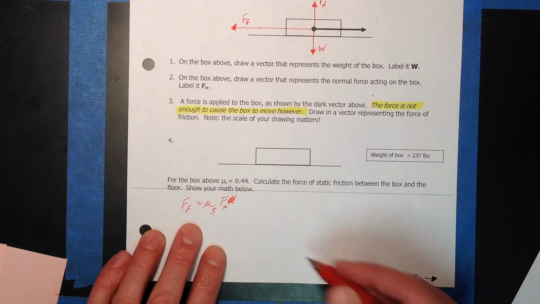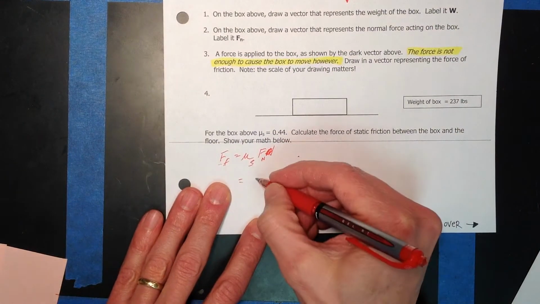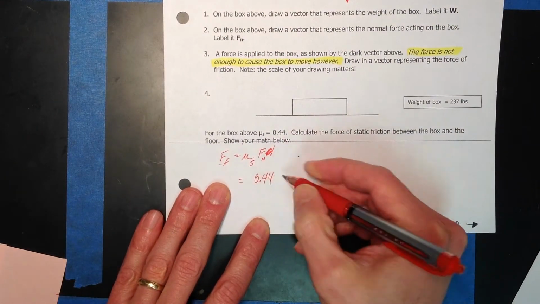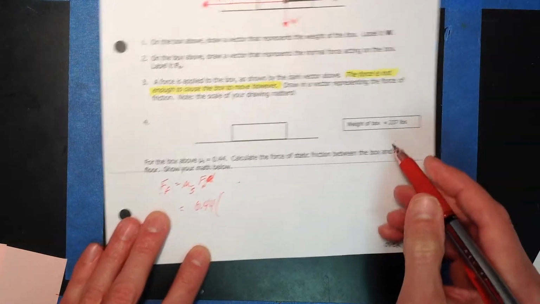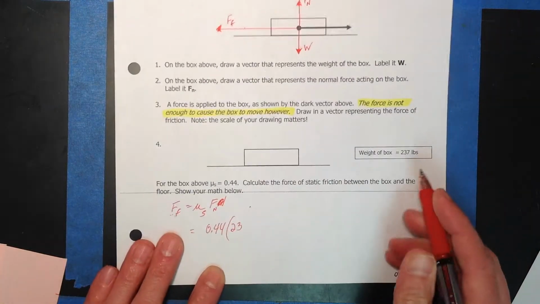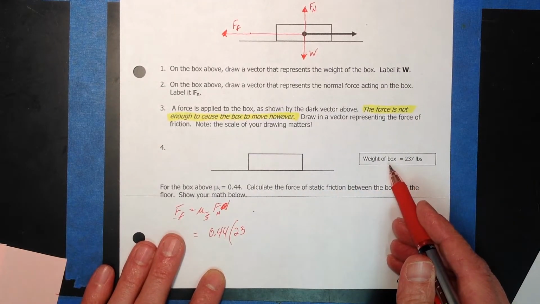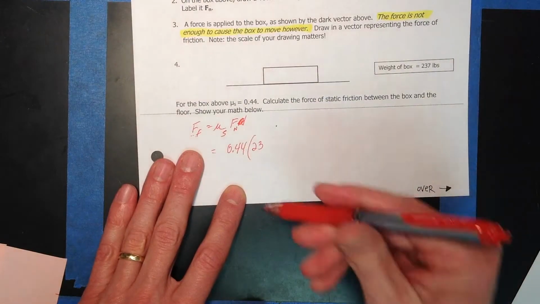Okay, so what am I calculating? I'm calculating this, so I could just plug these numbers in. Coefficient of friction is 0.44, and I times that by the normal force, which is just opposite the weight. Okay, so I could just use that number.